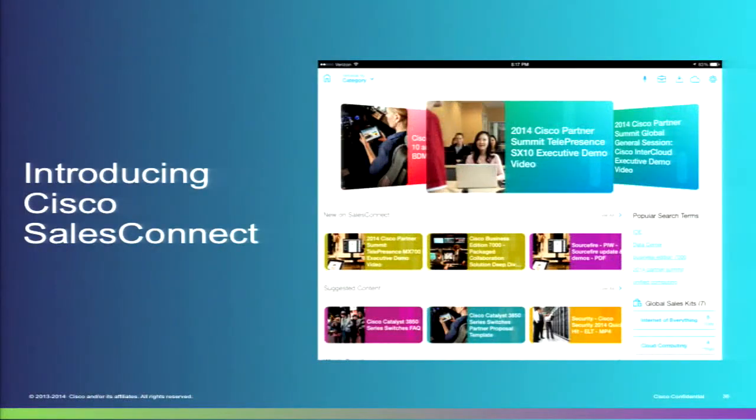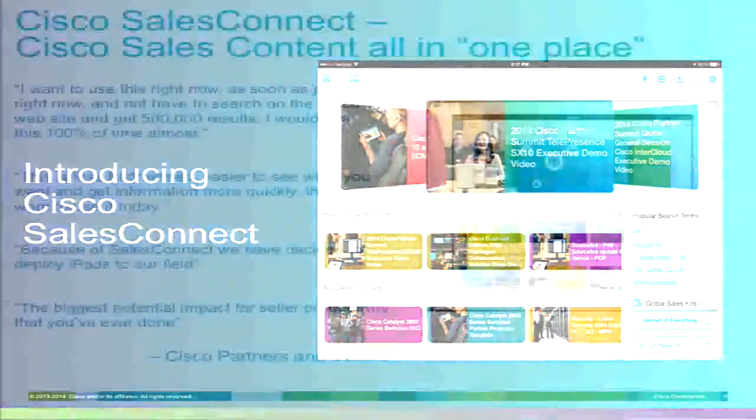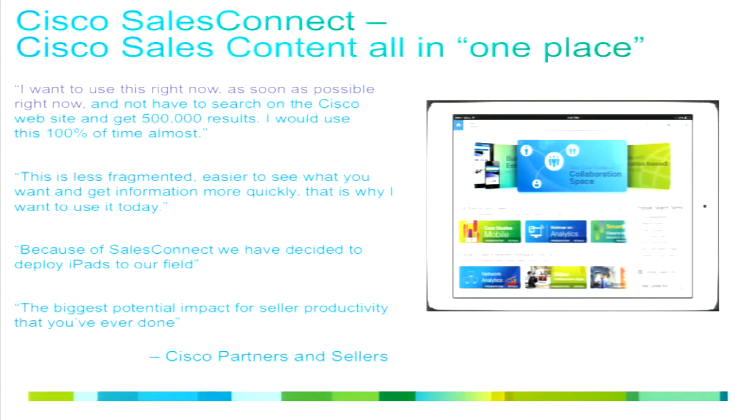So that led us to build this Sales Connect mobile app, and that's a screen capture of the mobile app. It's available in the iOS and Android stores, and it allows us to give sales content all in one place. So we have some verbatims from some of our sellers who have been using this app.